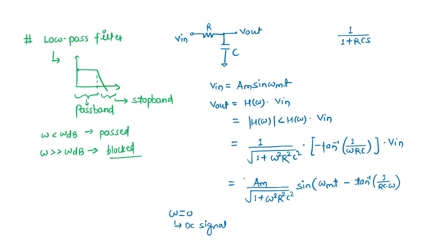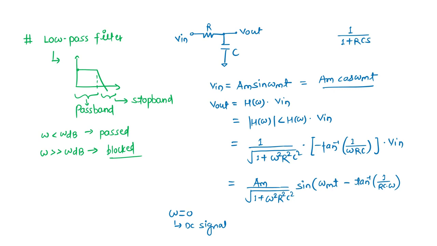So better to say, instead of sinusoidal, I'll say it is some cosine signal: cos of omega mt. I'm just modifying my input so that we can see exactly what we are doing here. You can change the sine to cosine, because if the input excitation is 0, then it has no meaning. Output will also be 0 in that particular case.